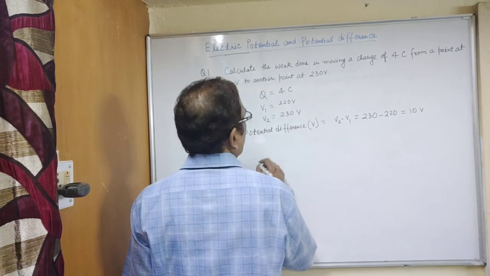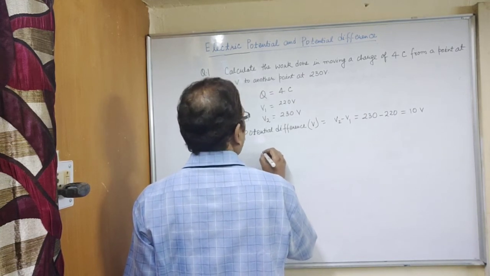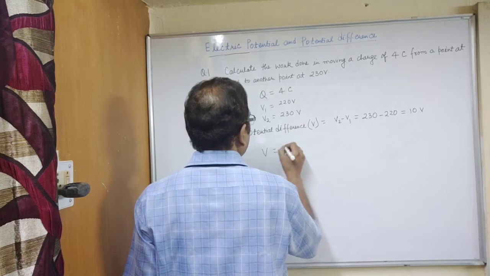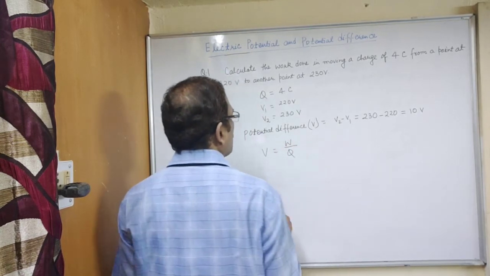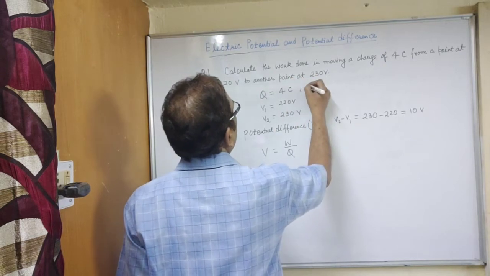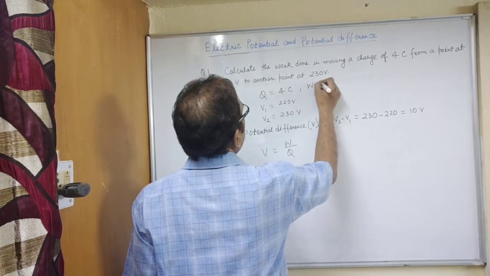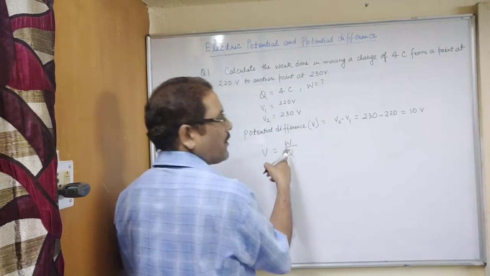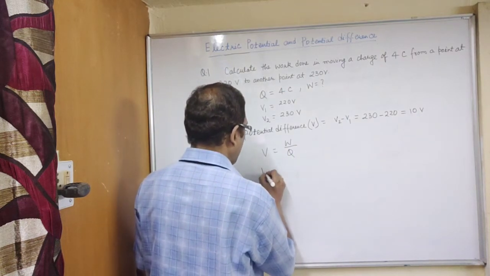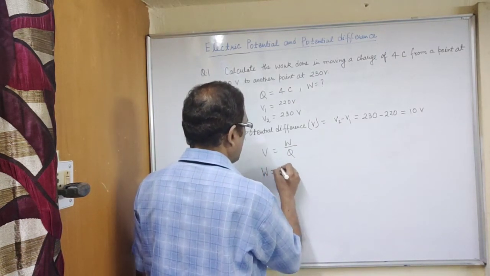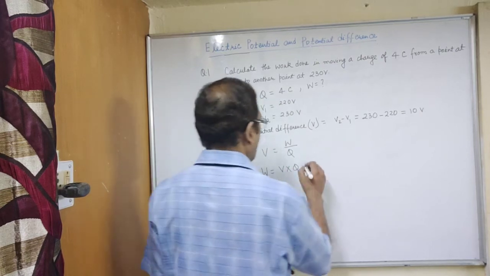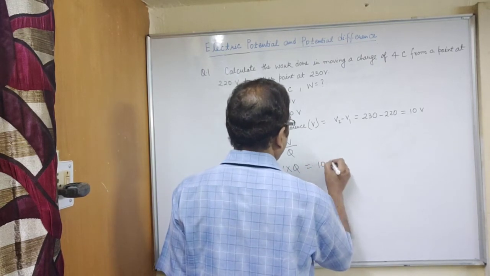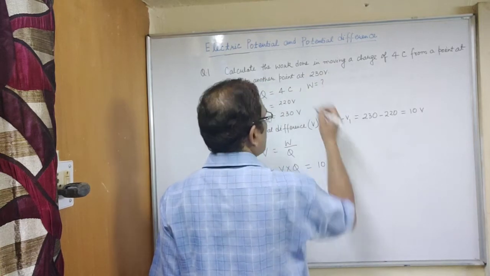Now we know that V is equal to W by Q. So we have to calculate the work done. This is the question. So from this formula we can write W is equal to V into Q. So V is how much? 10, and charge is how much? 4 coulomb.